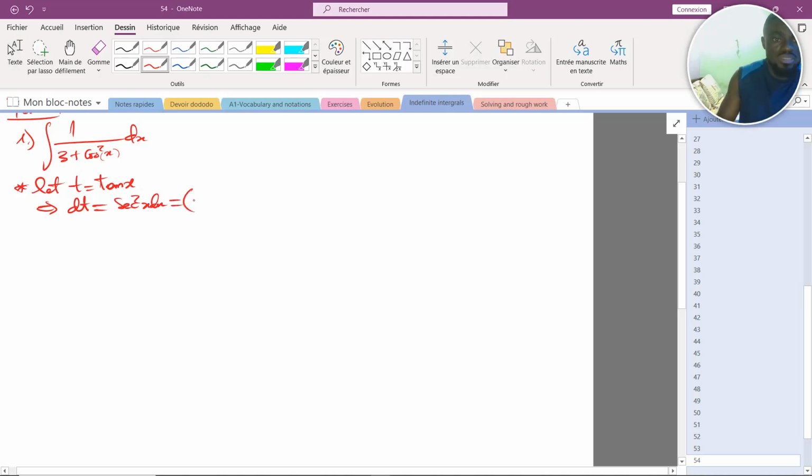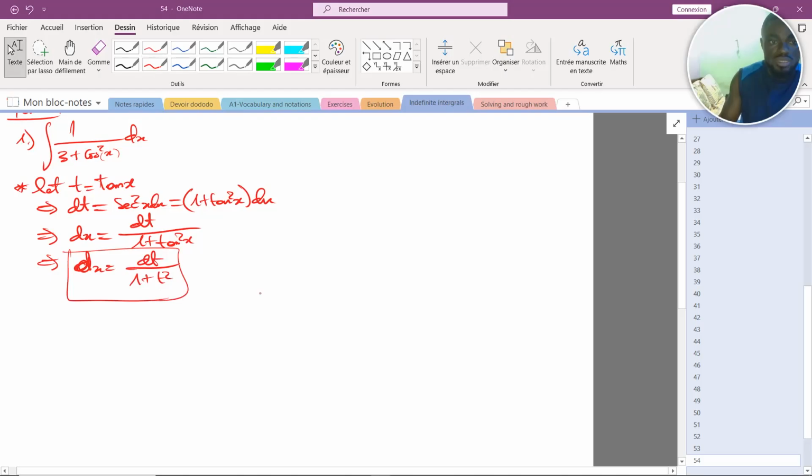I write sec square as 1 plus tan square x times dx. I make dx the subject: dx equals dt over 1 plus tan square x. But remember, our t was equal to tan x. This implies dx equals dt over 1 plus t squared.